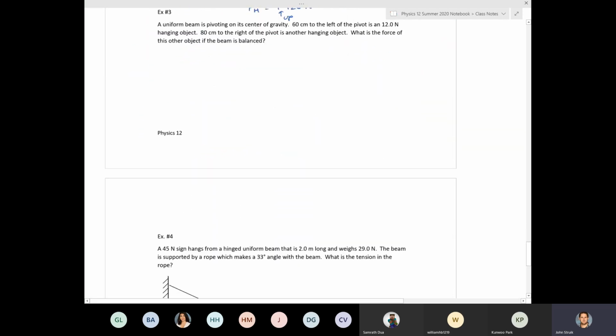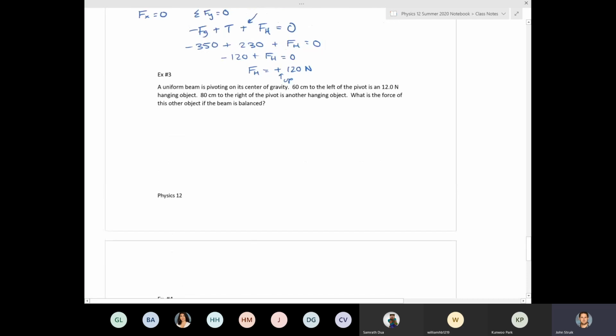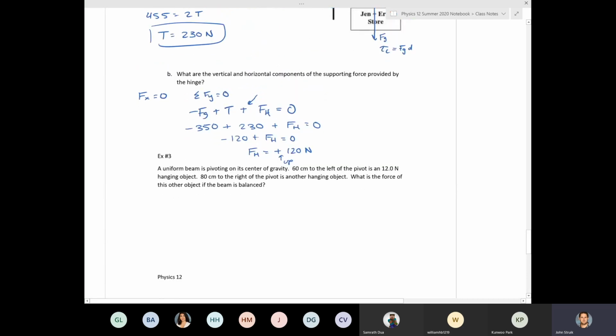Okay, last question, I think. This isn't an angle one. A uniform beam is pivoting on its center of gravity. So we have a beam like that, and in the middle, there's a pivot. 60 centimeters to the left, there's a 12 Newton hanging object.